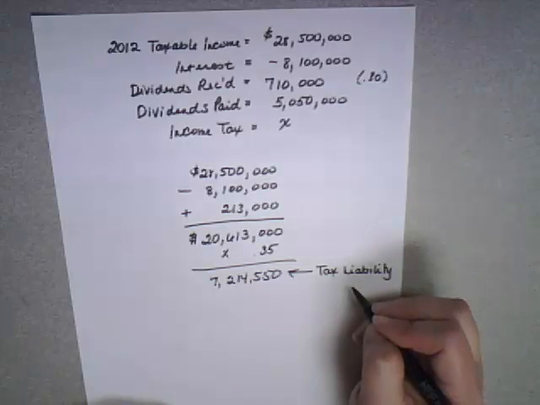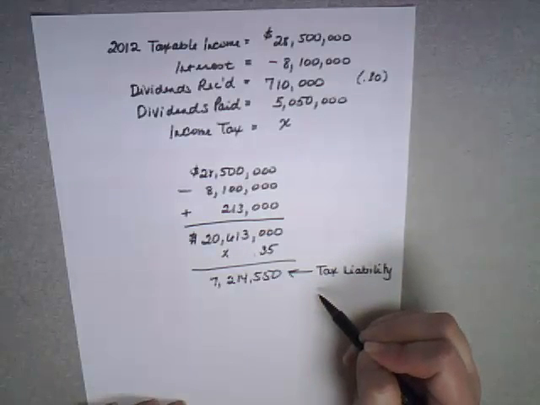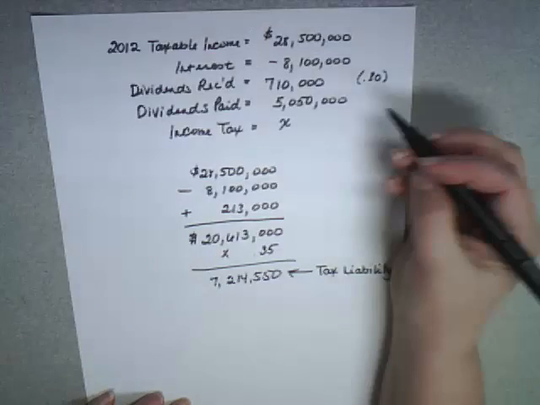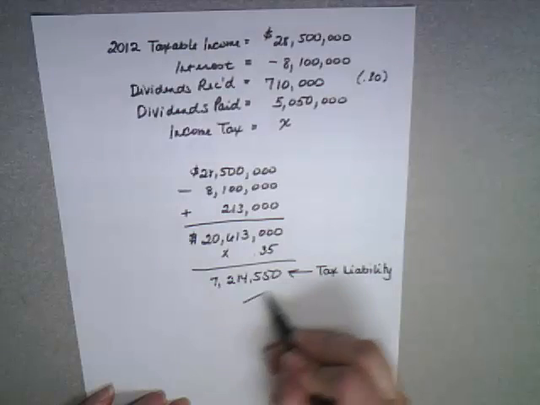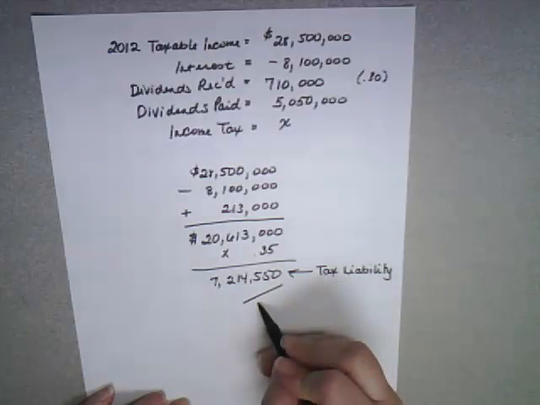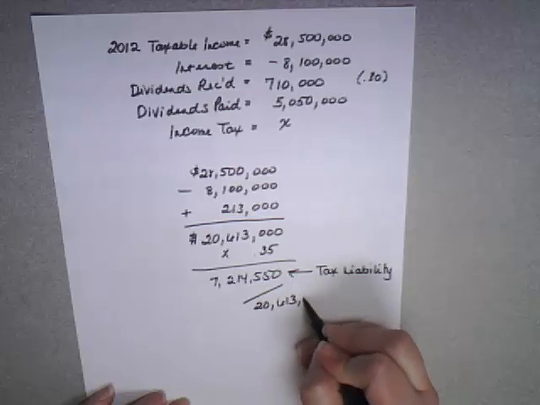Now, we can confirm the average tax rate. You calculate your tax rate by saying the tax liability divided by the taxable income, which is $20,613,000.